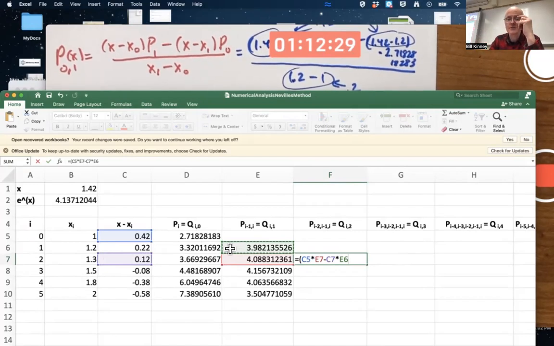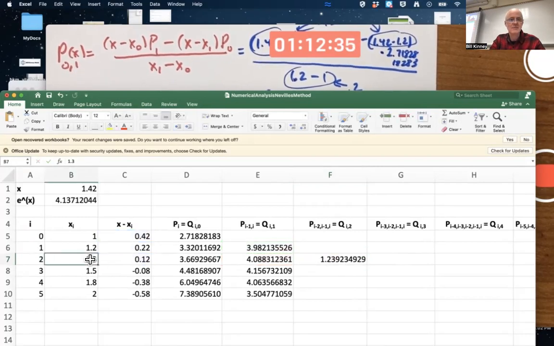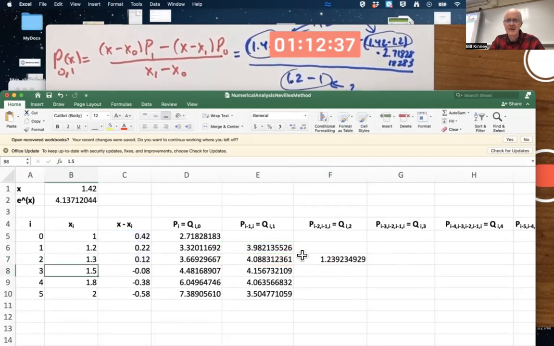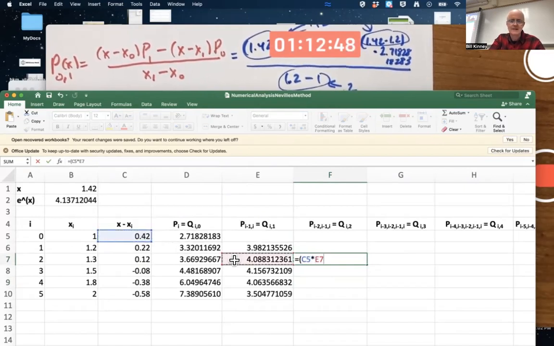And you watch the lecture, you'll see me do that. Divided by X2. Oops, what happened? Do that again. Okay. This times this minus this times this, all divided by, in parentheses, this minus this.